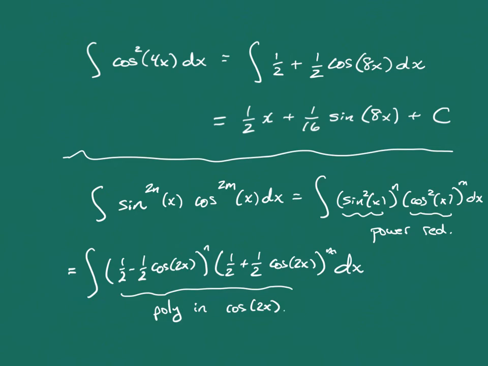At that point, once we expand and we have this polynomial in cosine, then we are able to continue power reduction formulas for even powers.